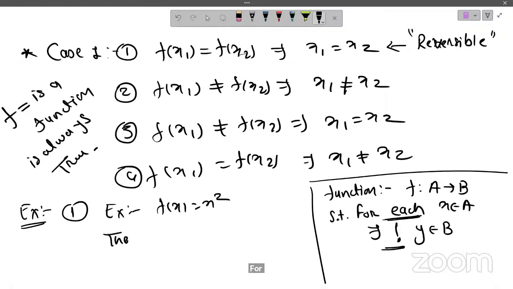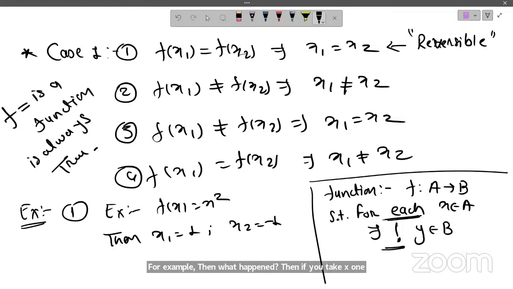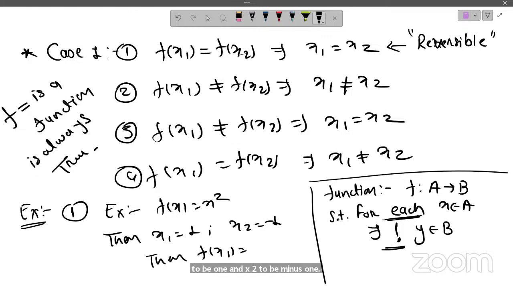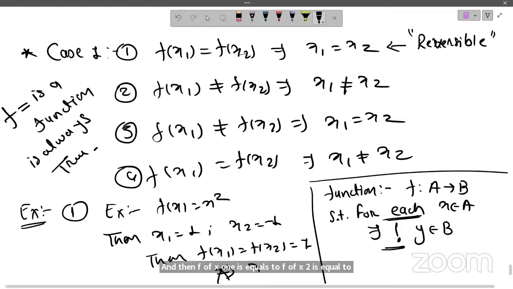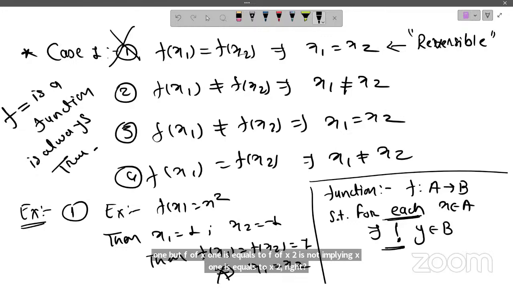If you take x1 to be 1 and x2 to be -1, then f of x1 equals f of x2 equals 1, but this does not imply x1 equals x2, right? So this statement is not always true when f is a function, correct?